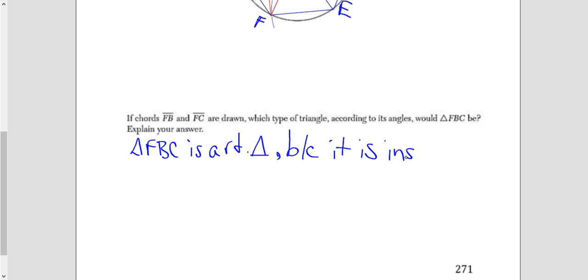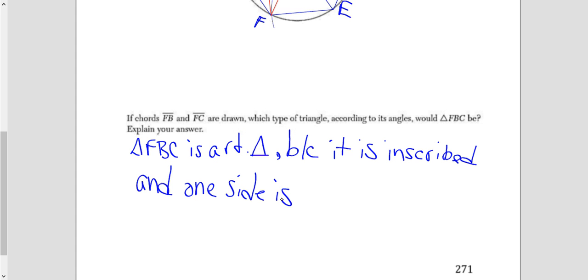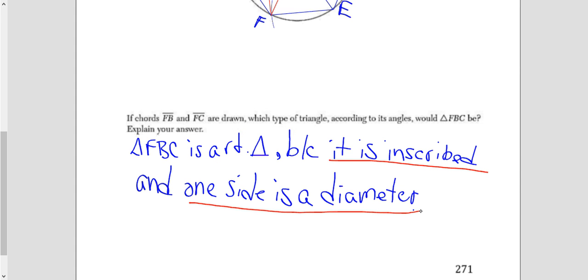That's important to have there. And one side is a diameter. It's important to have both of these reasons, because it is inscribed and one side is a diameter.